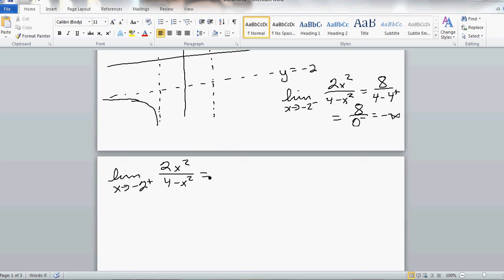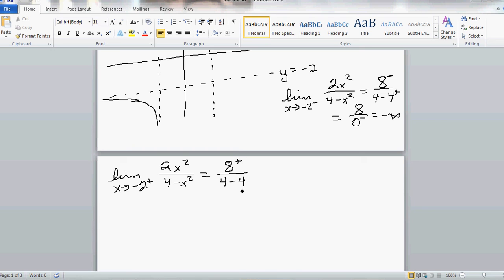Okay, thinking through the same process. Anything squared is still going to give me 8, and it's actually going to be slightly to the positive side. This was slightly to the negative, as if it really mattered. And then here it would be 4 minus 4.